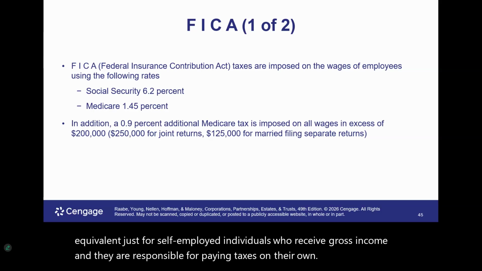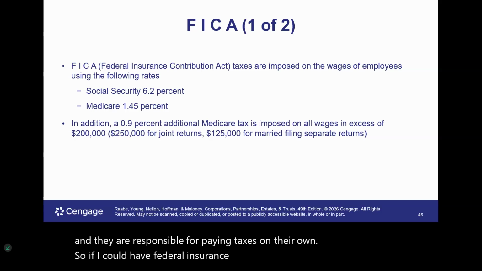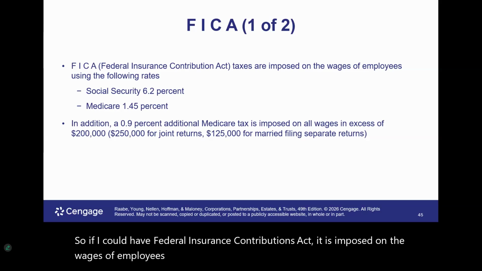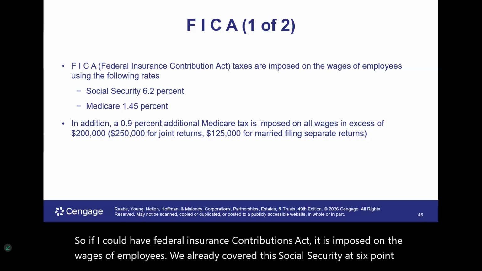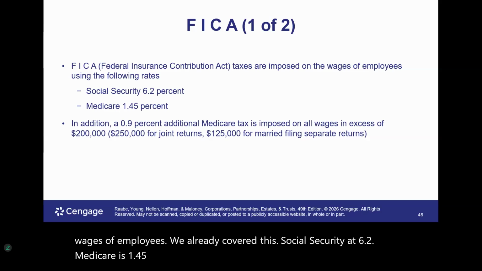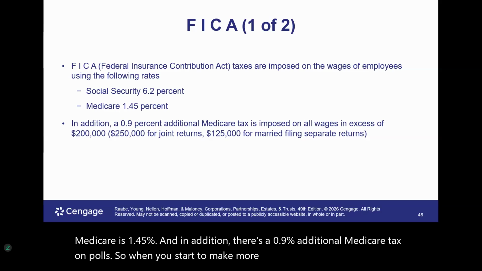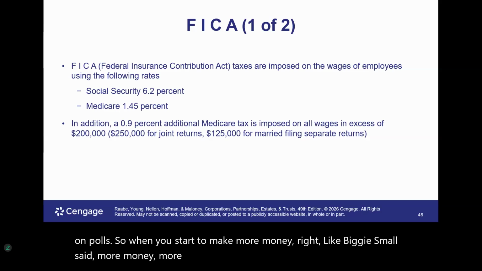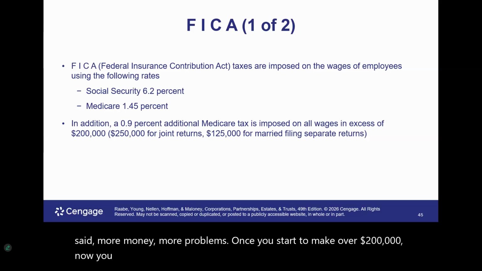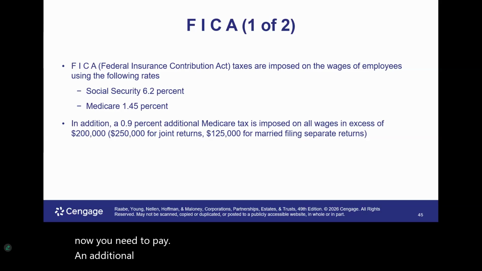FICA, the Federal Insurance Contributions Act, is imposed on the wages of employees. We already covered this: Social Security is 6.2%, Medicare is 1.45%. In addition, there's a 0.9% additional Medicare tax imposed. When you start to make more money, right? Like Biggie Smalls said, more money, more problems. Once you start to make over $200,000, now you need to pay an additional 0.9% Medicare tax.